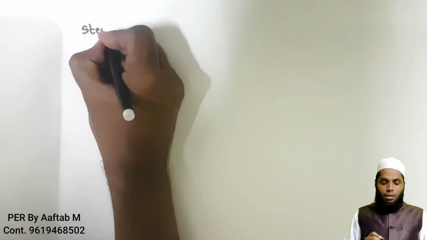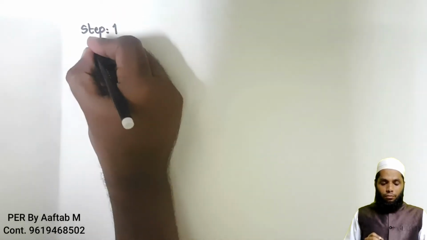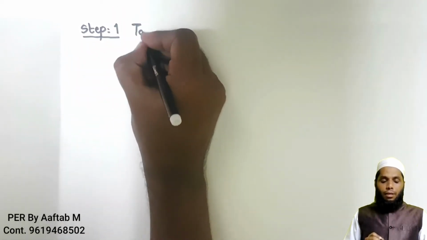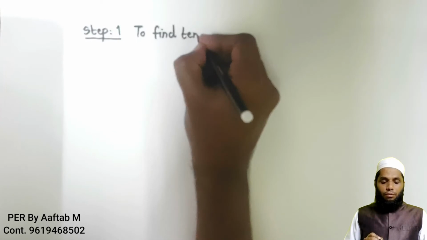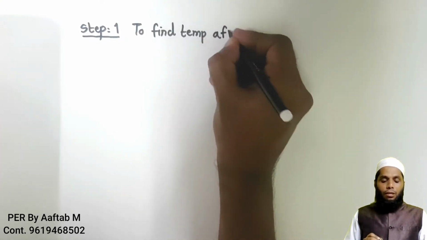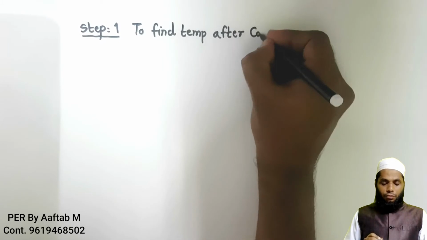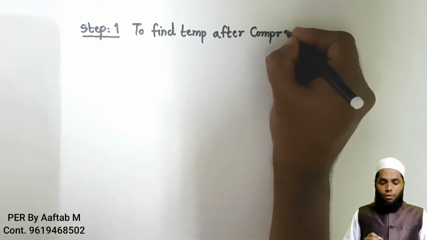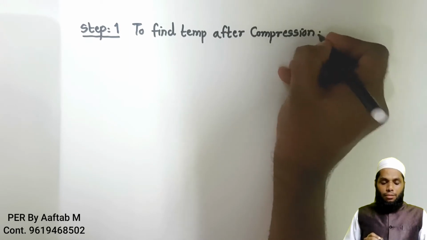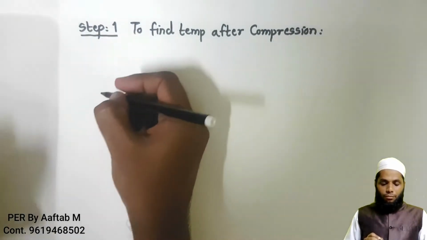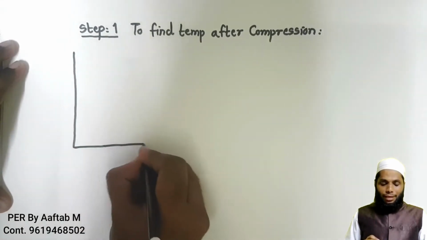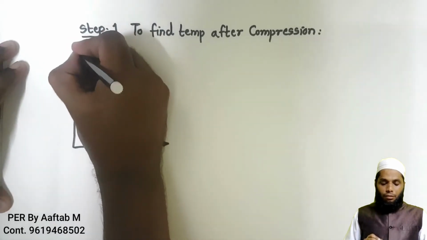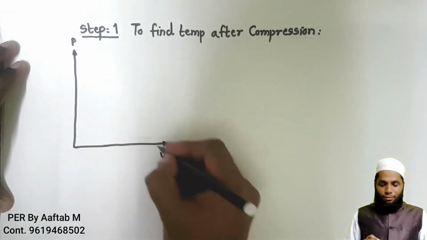So for that, we have step number 1. In step number 1, we will find out temperature after compression. To determine this temperature after compression, we will draw PV and TS diagrams.